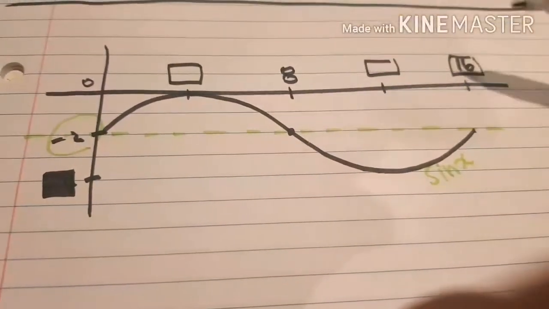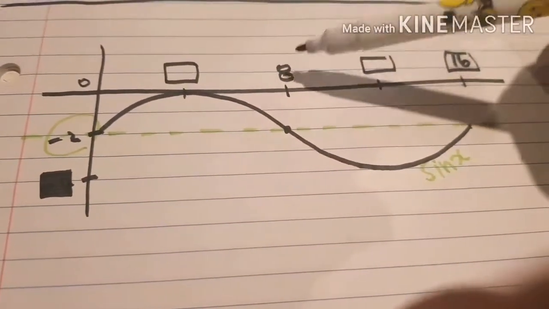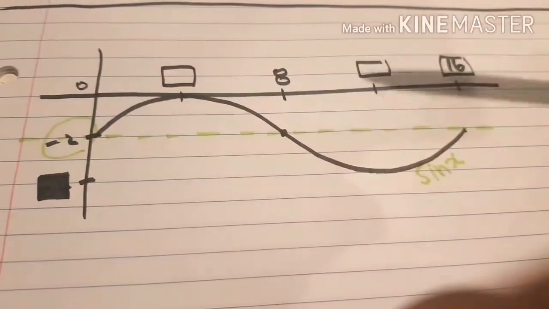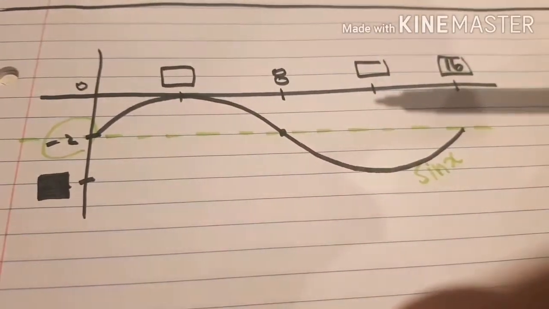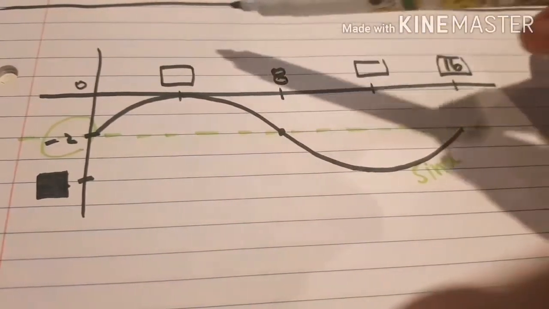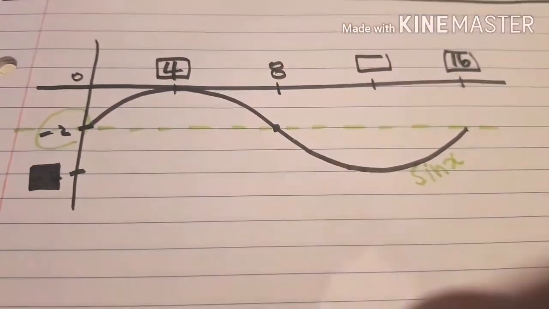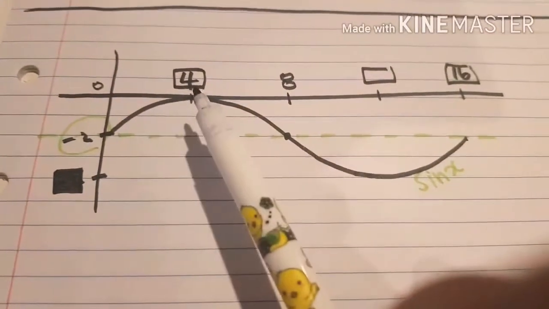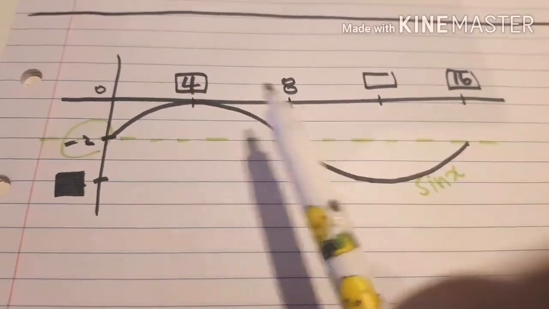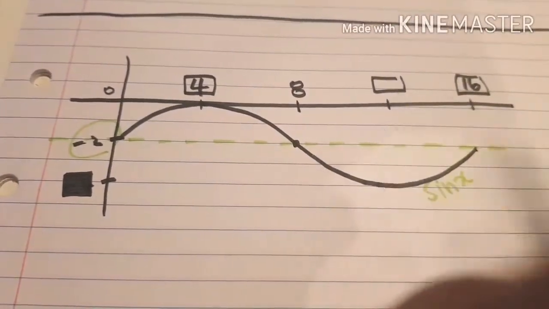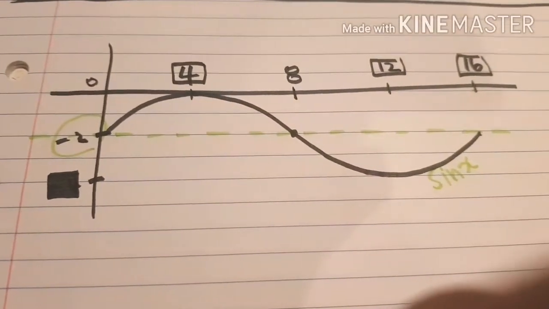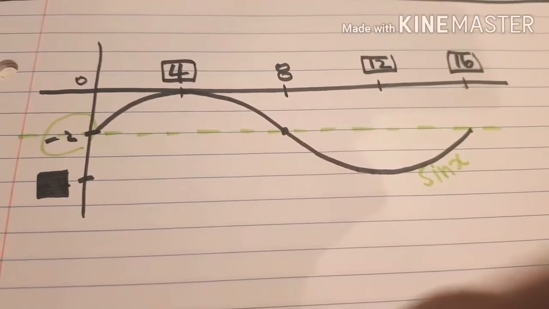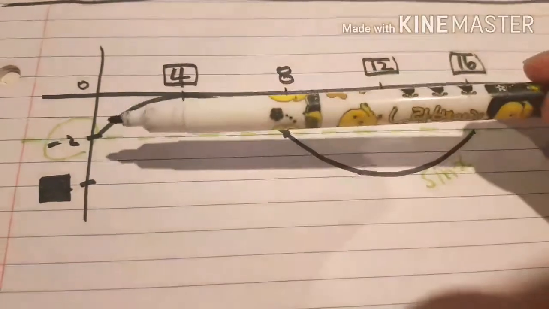Now by knowing that, what would be this value? Yep, because you need a half of 8, which is 4. So as you know, it's going up by 4, 8, and this one would be, well done, 12.